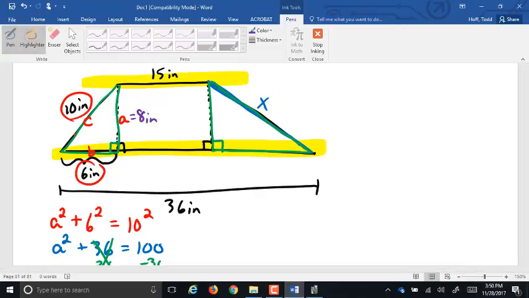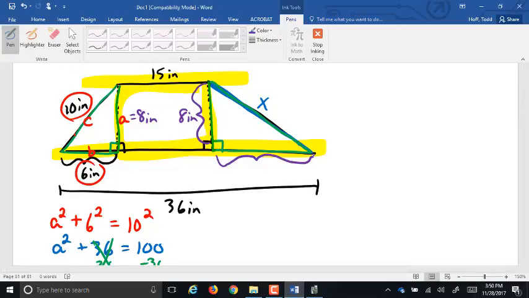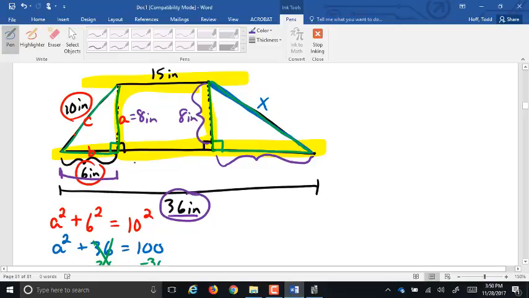Now, because we have a rectangle here, that means this here must also be 8 inches. If you look really close, and this is one of those skills that we're finding is not as strong as it used to be, finding missing dimensions like this. It's 36 inches all the way across. It's 6 inches from here to here.